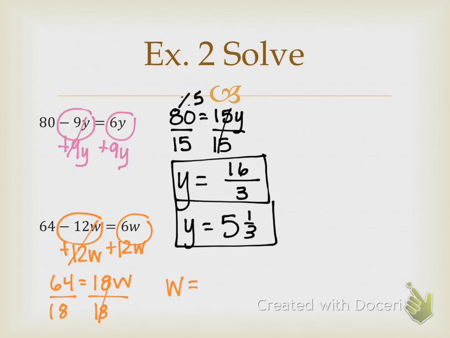So we divide by 2 on both sides. 64 divided by 2 is 32. And 18 divided by 2 is 9. You could also have 3 and 5/9 as your answer. Either one of these answers are correct.